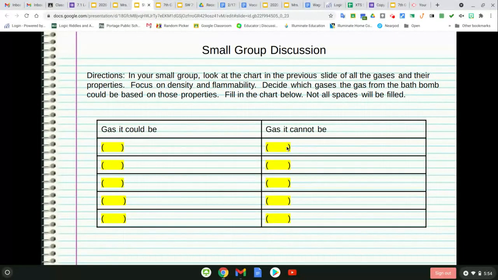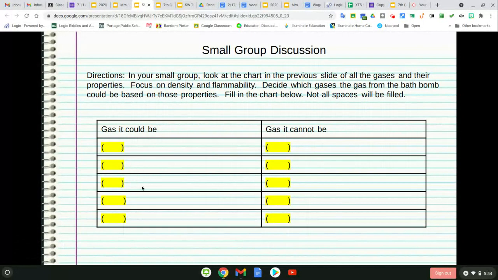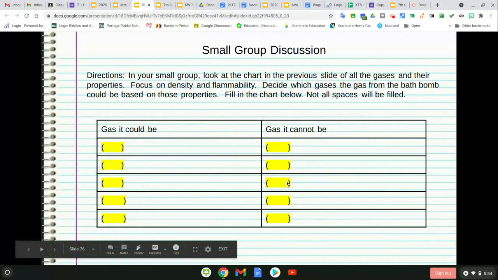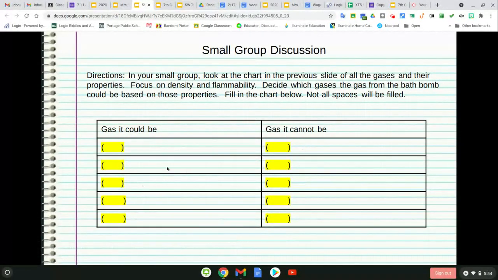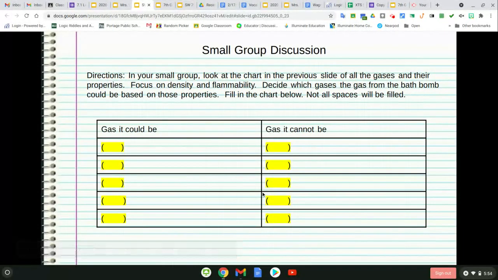You might not be filling in all of these spaces in both columns. Maybe you'll only have a few over here and many of them over here, or maybe you'll have just a few over here and more gases that it could be over here. So don't worry about filling out all of these spaces.